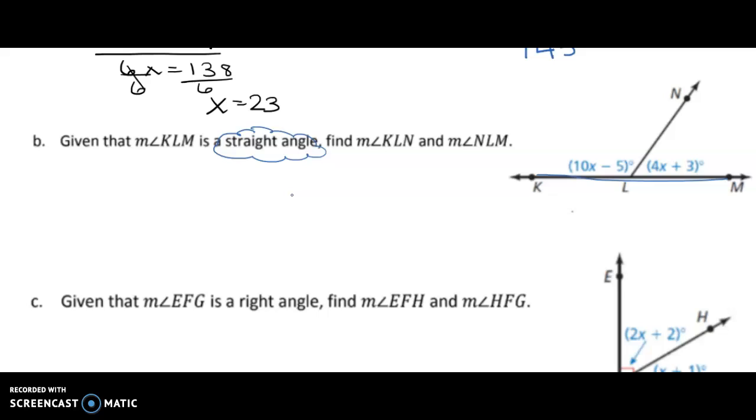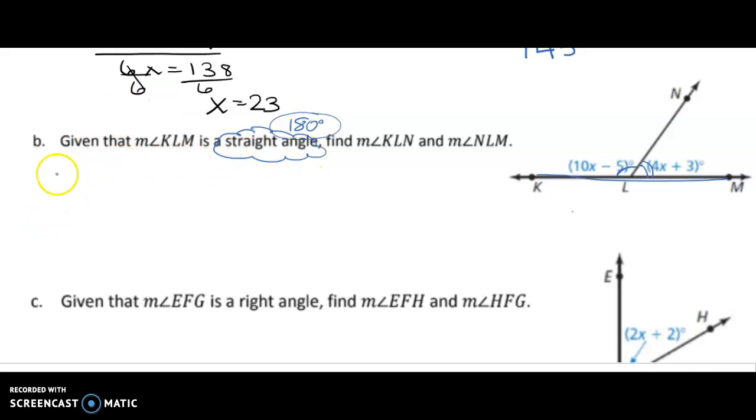Now that we know that the measure of the whole thing is 180 degrees, we know by the angle addition postulate that if I add the two smaller angles, it's going to equal the 180 degrees.